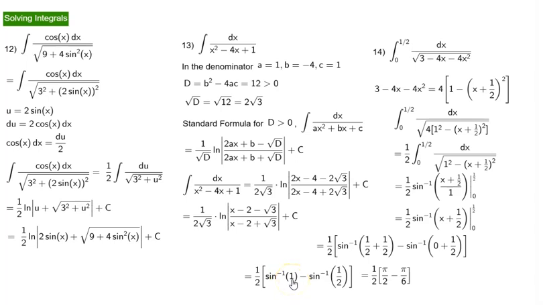Sine pi by 2 is 1, so pi by 2. And for what value of the angle do we get sine 1 by 2? For pi by 6. So we have 1 by 2 times pi by 2 minus pi by 6. Pi by 2 minus pi by 6 is 2 pi by 6, so 2 cancels out and we are left with pi by 6. So the value of the definite integral is pi by 6.